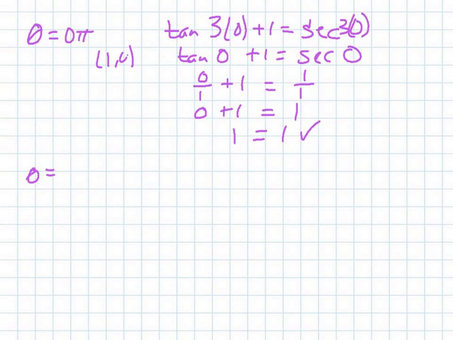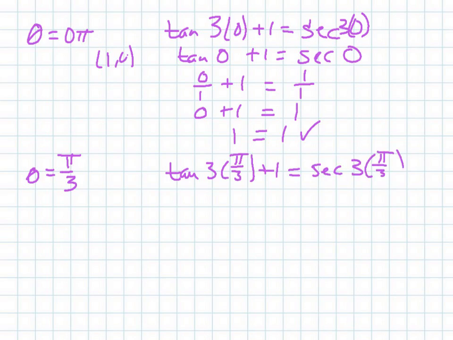So if theta is pi divided by 3, if I plug that in, tangent of 3 times pi over 3 plus 1 equals secant of 3 times pi over 3. Okay. Here I can reduce, so it leaves me with tangent of pi plus 1 equals secant of pi.